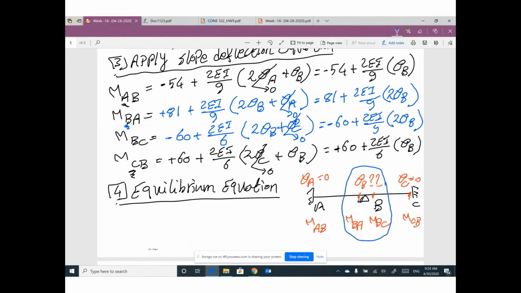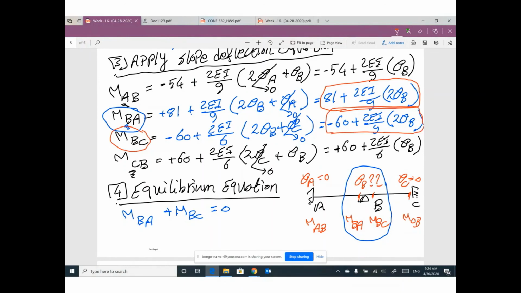So MBA plus MBC equal 0. Here is the equation for MBA. You have this one. And here is the equation for MBC. You have this equation.